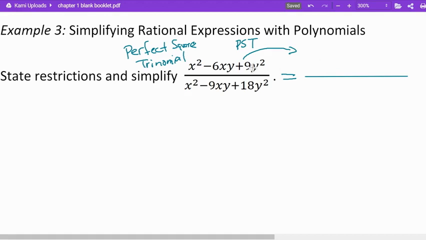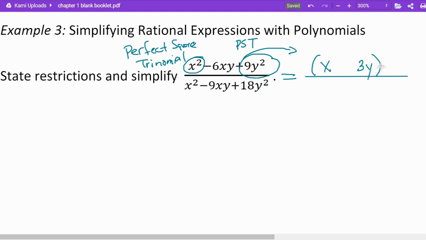So what that means is Liam and Marley recognized the first term is a perfect square. What is the square root of the first term? What's the square root of x squared? Yes. The second term is a perfect square. What is the square root of the second term? Sorry, last one, 3y.